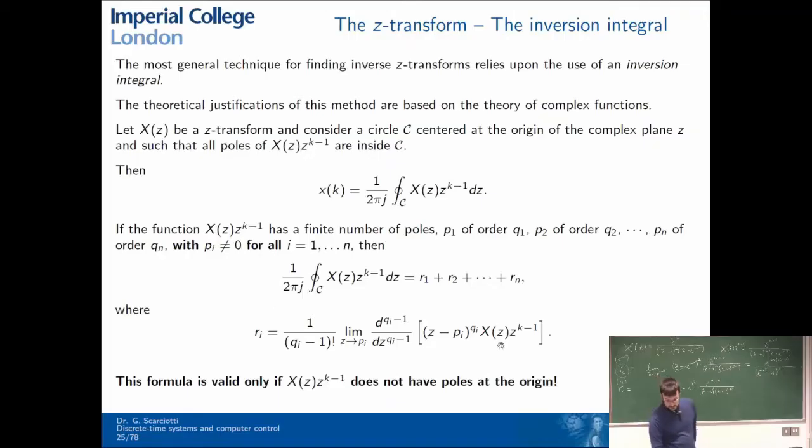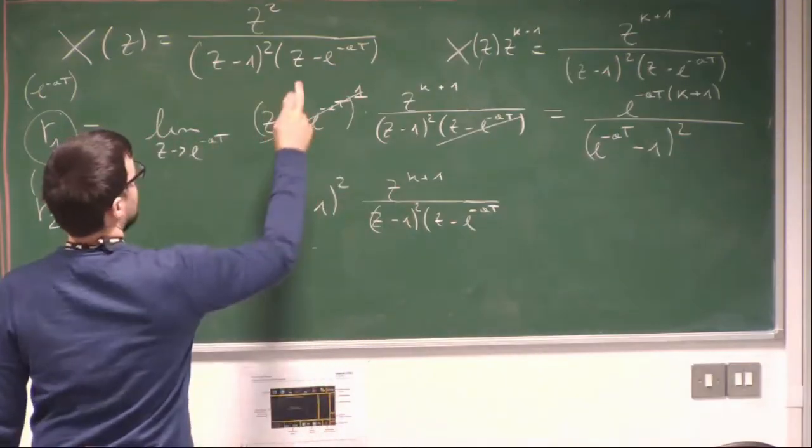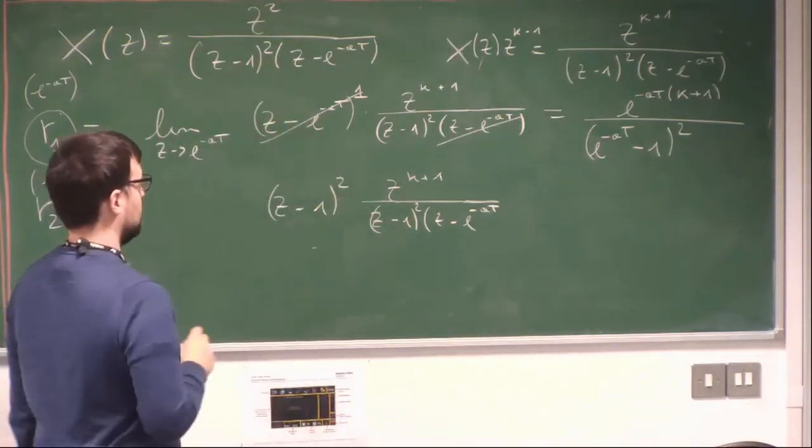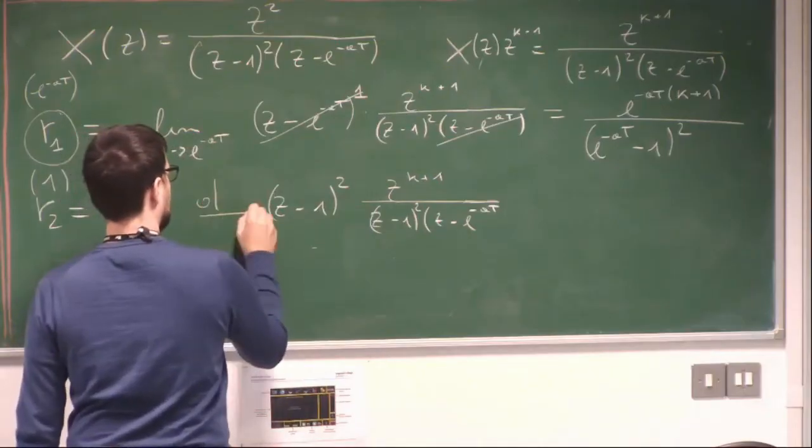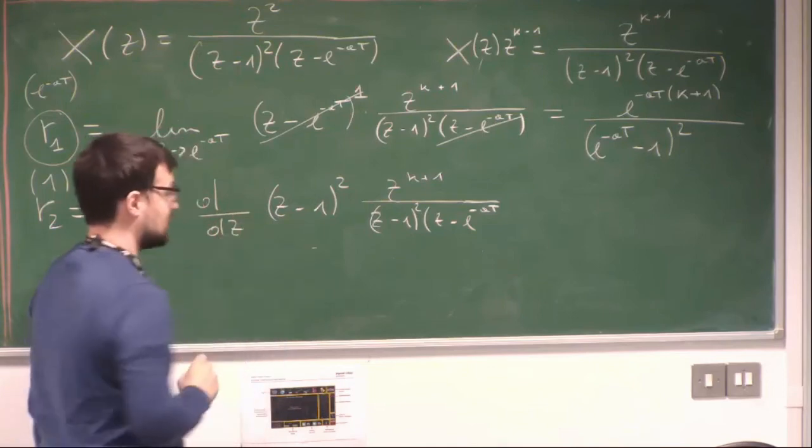Let's look again at the slide. I'm multiplying by (z-1)^2 because I have to use the highest order appearing. The order appearing here is 2, so I have to use the power 2. Then I have to compute the derivative of order 2 minus 1, so the first derivative. So of this expression now I have to compute the derivative with respect to z.